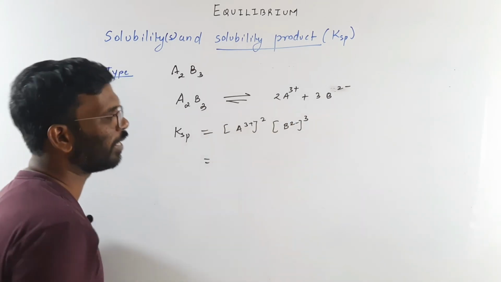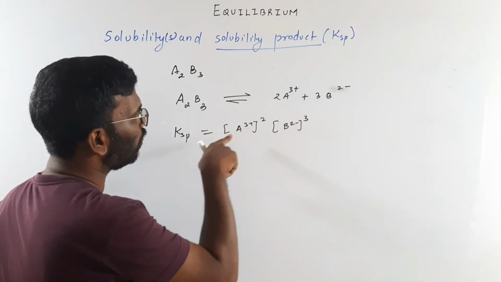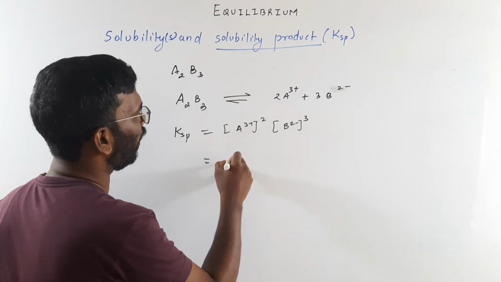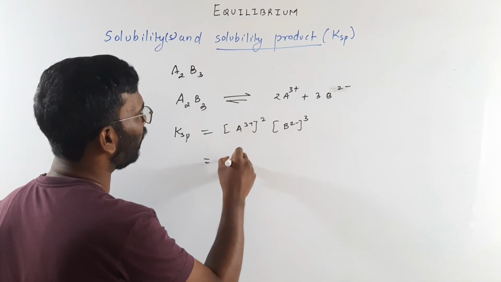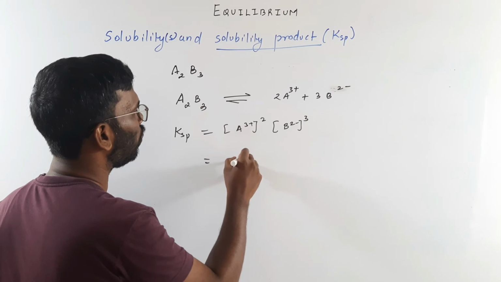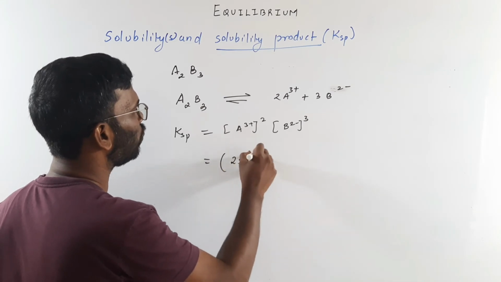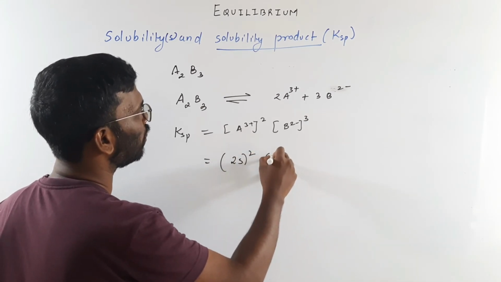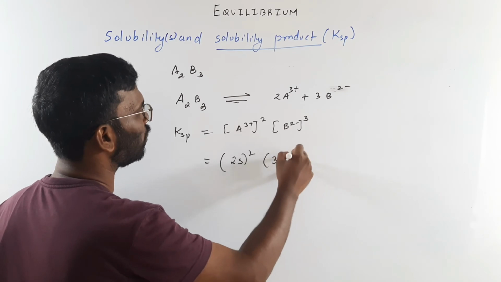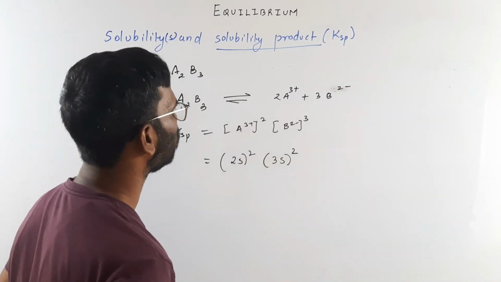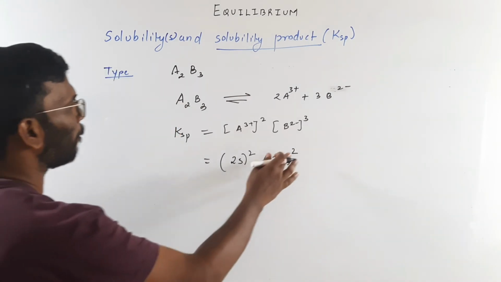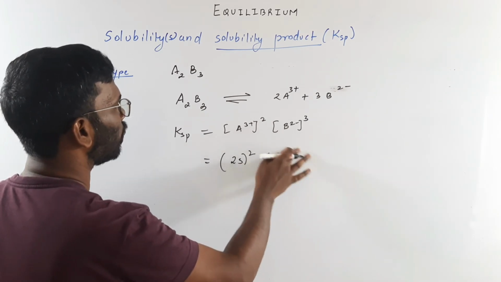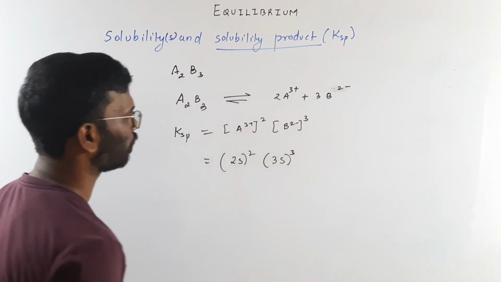There are 2 ions of A forming, so it will be 2S raised to 2, and this is 3S raised to 3.